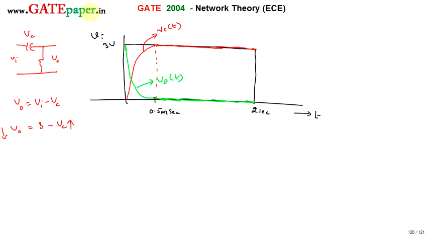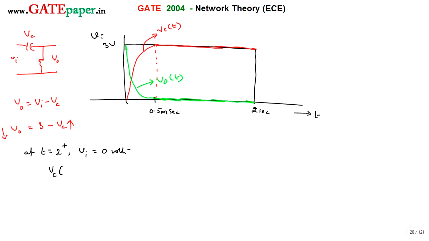Okay, now here comes the important situation. At t is equal to 2 plus, Vi is going to be 0 volts. But the voltage across a capacitor doesn't change instantaneously.